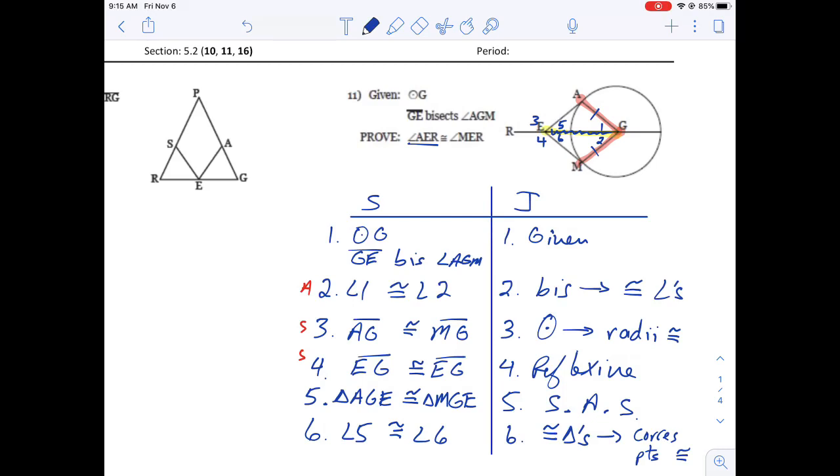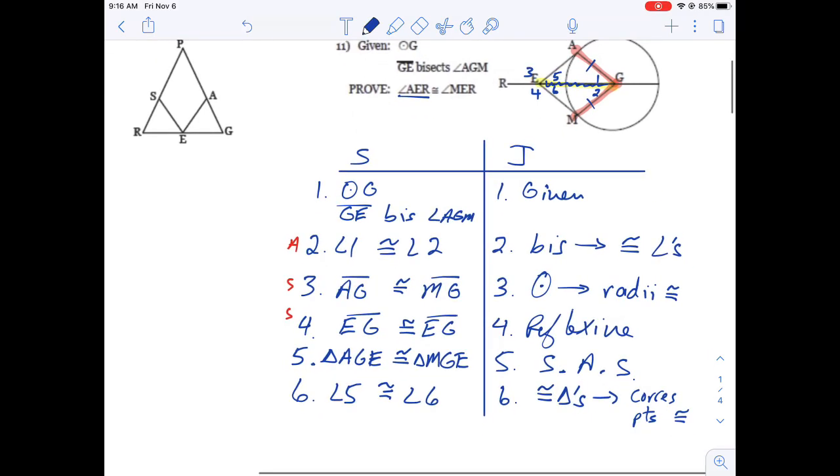All right, we got 6 steps and we have angles 5 and 6 congruent. And now it's that kind of annoying process where you have to state we have supplements because we have straight angles, and then we must have congruent angles because they're supplements of congruent angles. So here are those 2 steps. I'll try to fit my diagram in there.